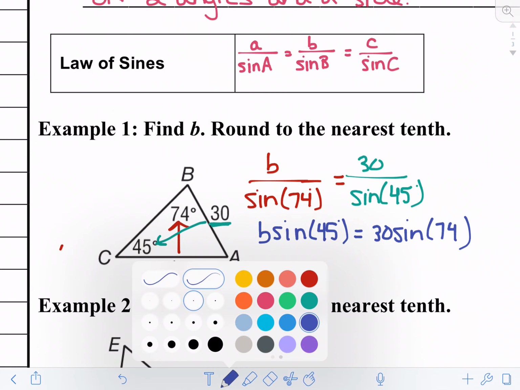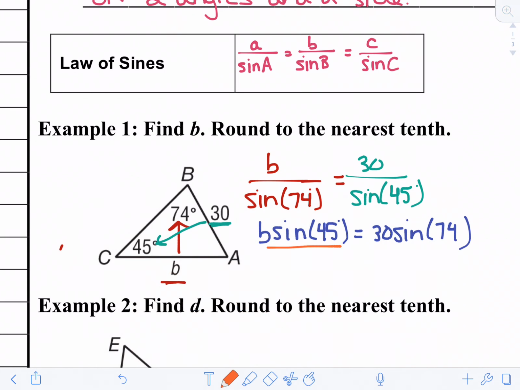And to get B by itself, you just divide both sides by sine of 45. So over here, those cross off.